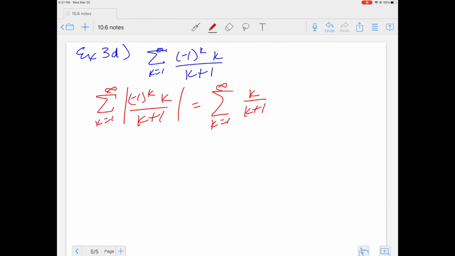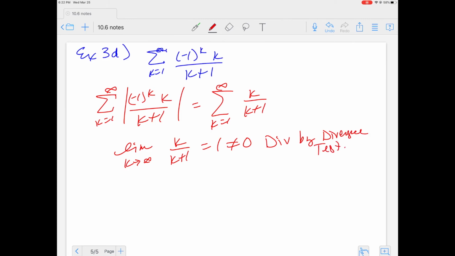If I'm looking at this and I take this limit, you get 1, which does not equal 0. Therefore, this diverges by the divergence test. Now, check it out. If this diverges by the divergence test, do I need to check for alternating series test?